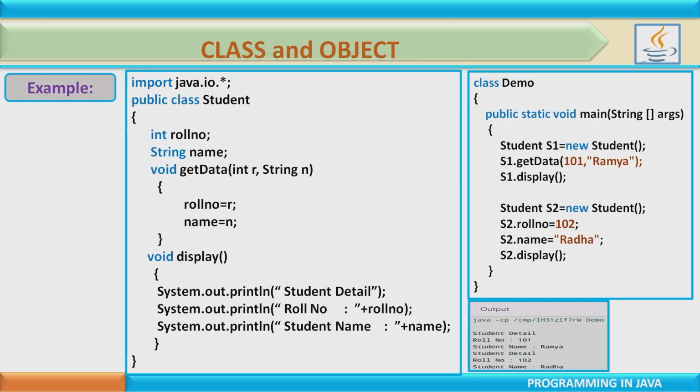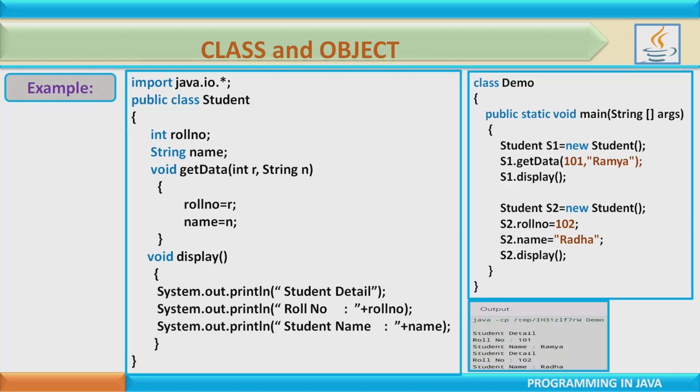Coming to the overall example, as we have earlier seen, Student is a class with two variables, one is roll number, another one is name. Two methods we have defined, one is getData, another one is display. Towards the right hand side, the main method is placed inside a class known as Demo class.